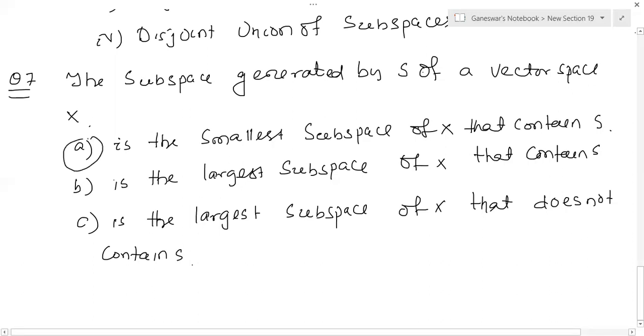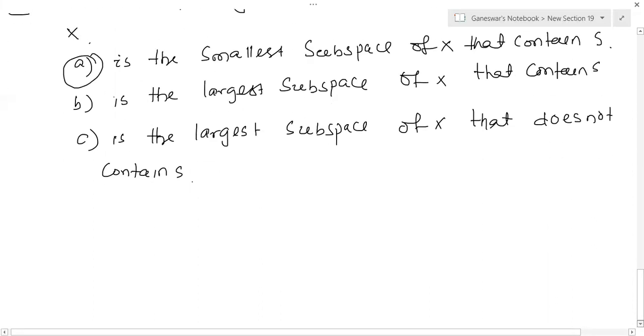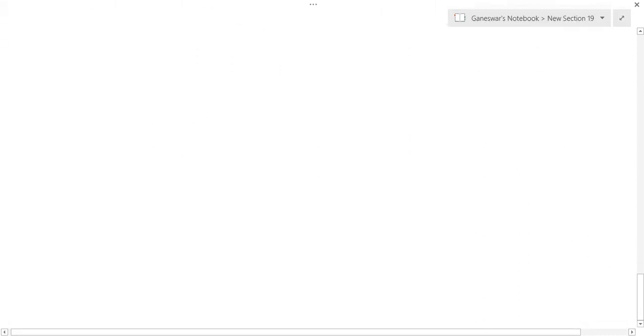From the definition, the subspace generated by S of the vector space X is the smallest subspace of X that contains S only. Okay, then the next question, question number 8.